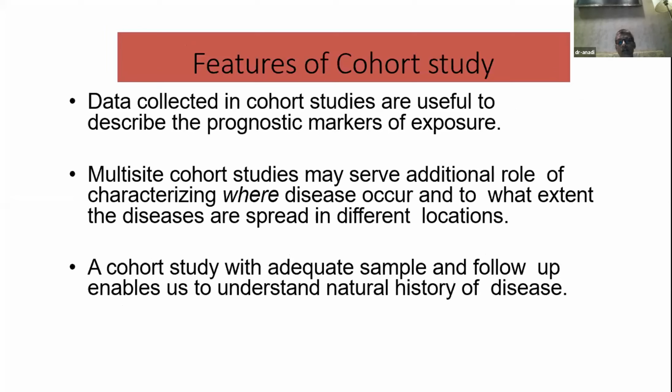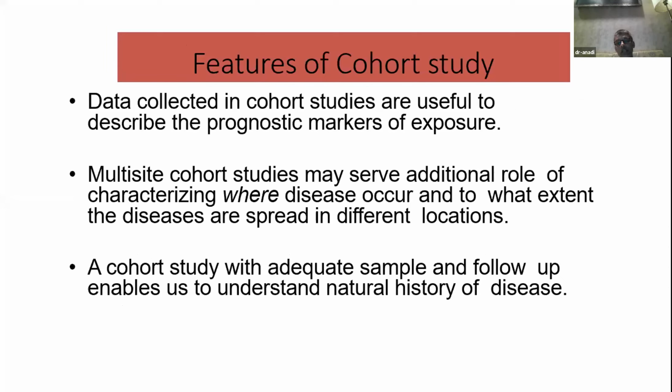Data collected in cohort studies are useful to describe the prognostic markers of exposure, and multi-site cohort studies may serve the additional role of characterizing where disease occurs and to what extent the disease is spread in different locations.